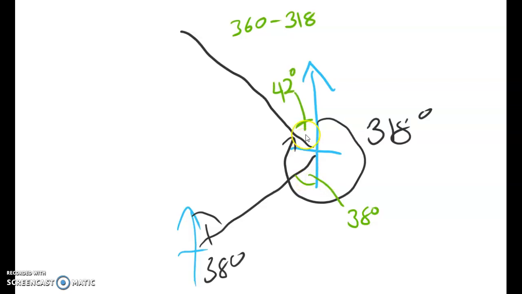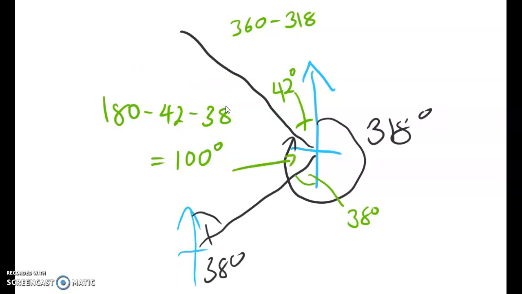So 38 and 42, and whatever this little bit in here, should all add up to 180 degrees. So let's work that out. 180 minus 42 minus 38 will give us, well, 42 and 38 add up to 80. So 180 minus 80 will give us 100 degrees. So that means that that value there is 100 degrees.